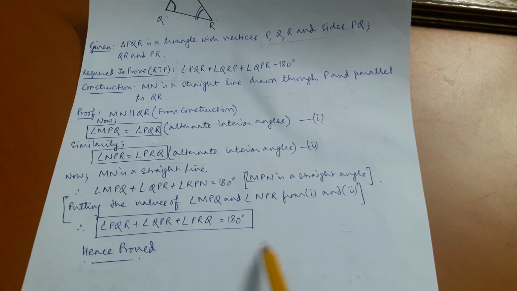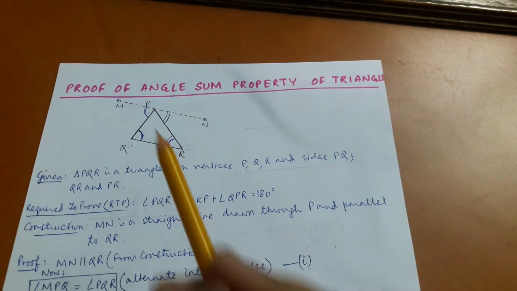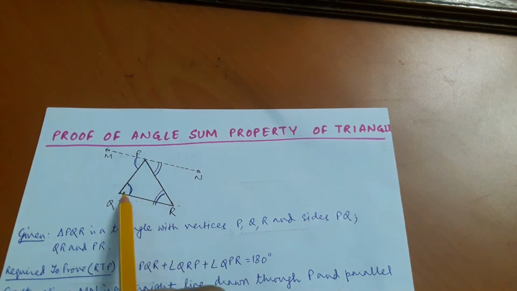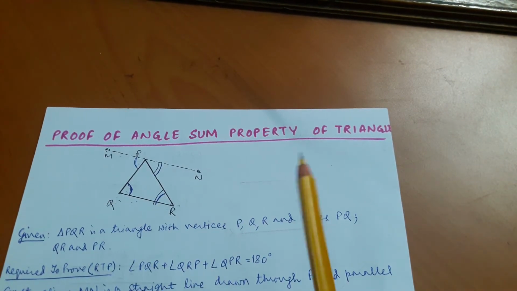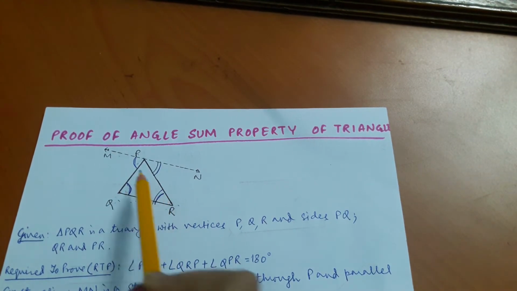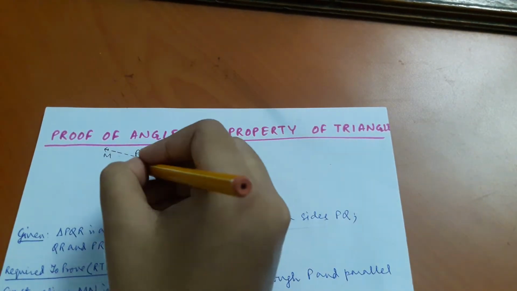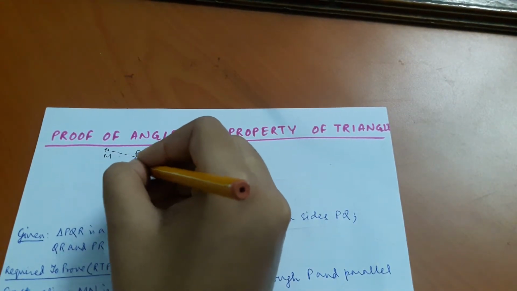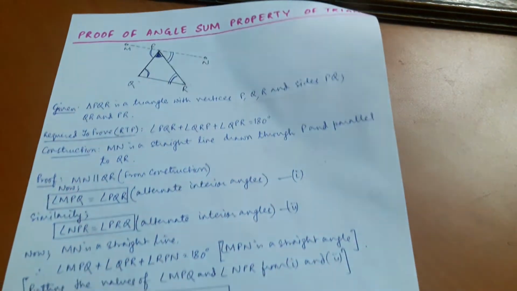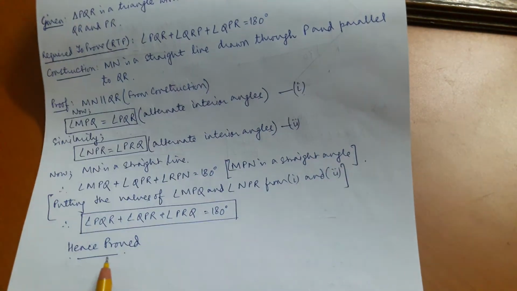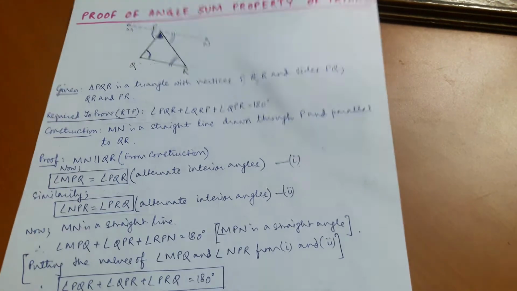And this was our required-to-prove statement, hence proved. So what have we proved? We proved that the sum of the angles of this triangle PQR is 180. The sum of these three angles is 180. So finally we have proved that angle PQR plus angle QPR plus angle PRQ equals 180 degrees.